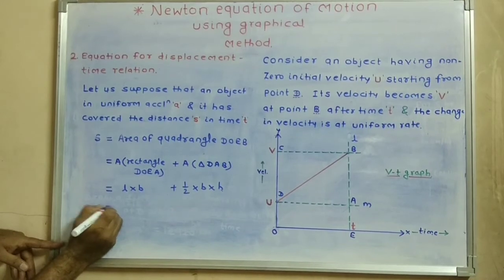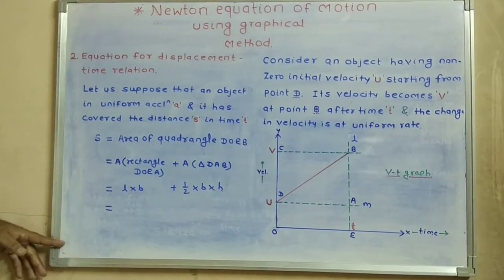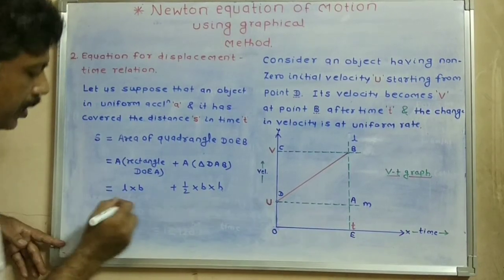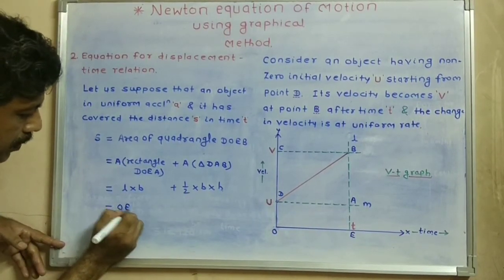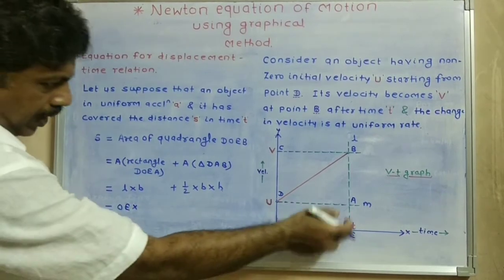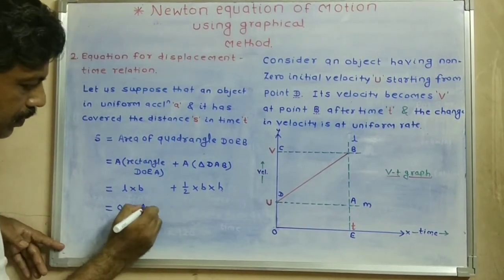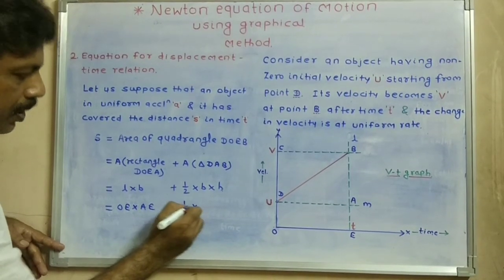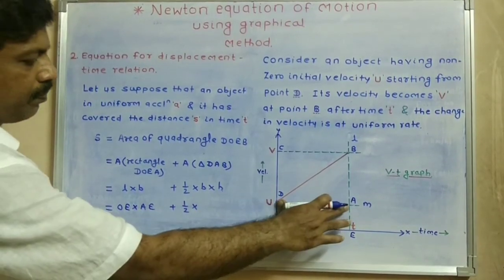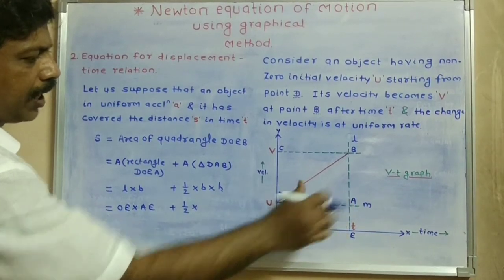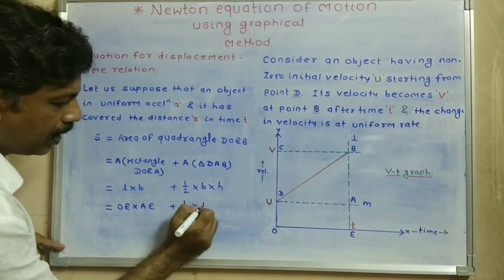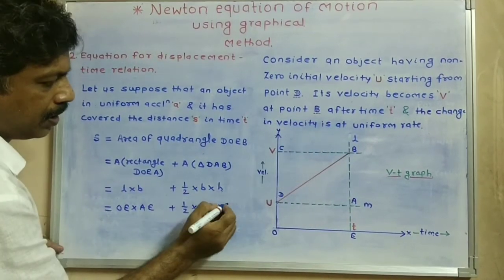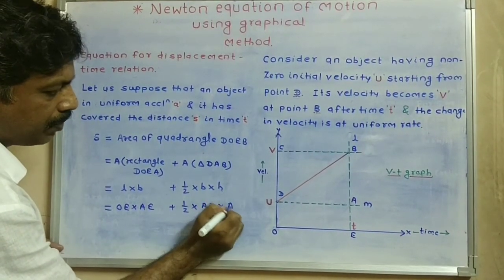Now what is the length of the rectangle? The length of the rectangle is OE multiplied by the breadth of the rectangle, that is AE, plus half multiplied by the base of this triangle, that is AD, multiplied by the height of this triangle, that is AB.